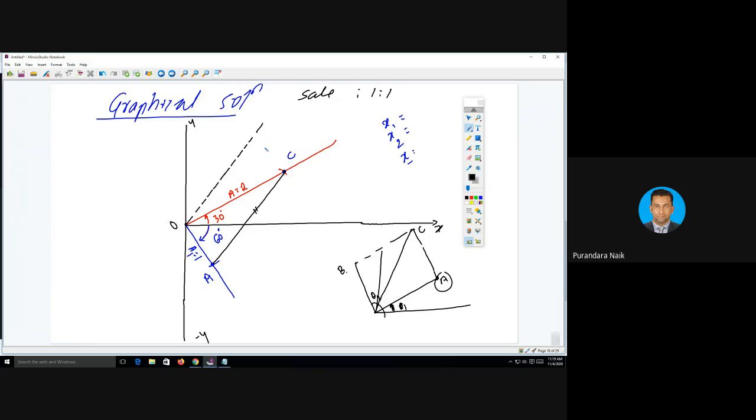And from point C also parallel to this line. I'll get point B. So this is the angle theta and the corresponding amplitude is A2. Find out the value of theta and A2. Tell me the answer.